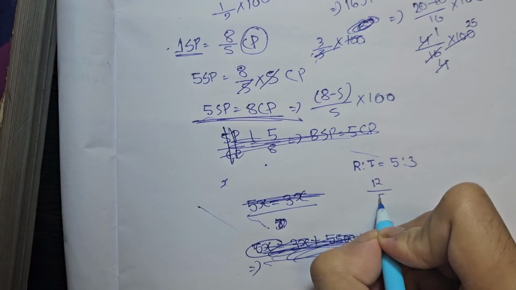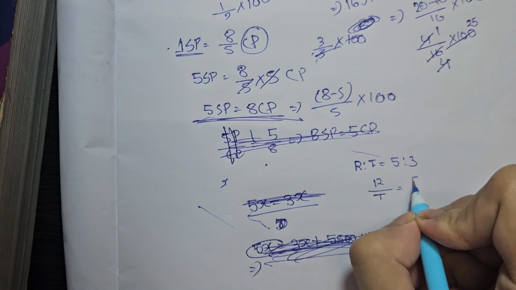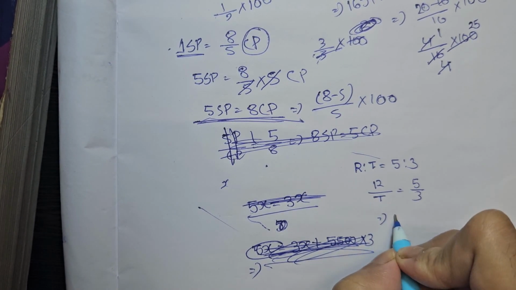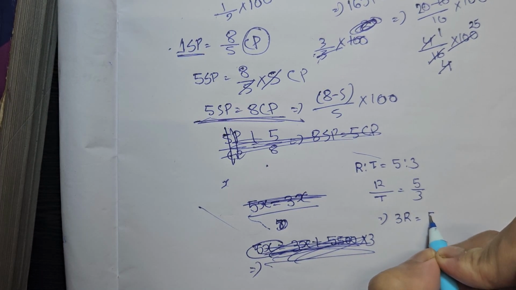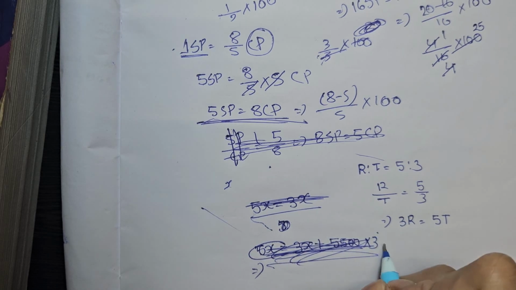Okay. So they are saying that the price of refrigerator and television are in ratio of 5:3. So R by T equals 5/3. Then the price of 3 refrigerators is equal to 5 television sets. We can write like that.